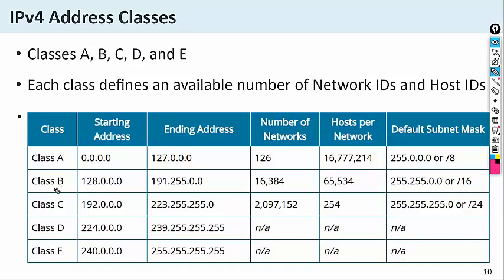Another is class B. In class B, the range is from 128.0.0.0 to 191.255.0.0. Wherever the 0.0 is, these are the host IDs and these are the network ID.